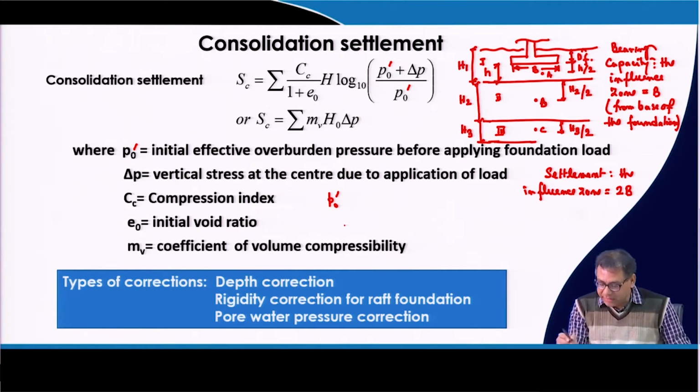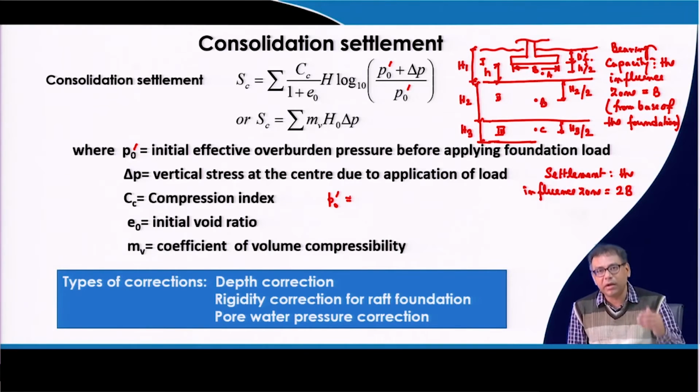For example, at point A, for the effective overburden pressure, I am considering the unit weight to be the same in all cases. But remember that you may have different unit weights at different locations, because I have already discussed that during my layered soil bearing capacity calculation. So, if you have a different unit weight at different locations, you have to calculate effective overburden pressure accordingly.